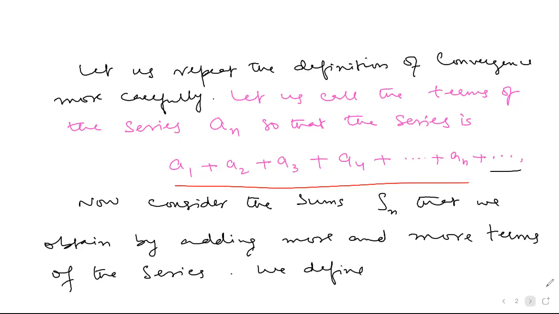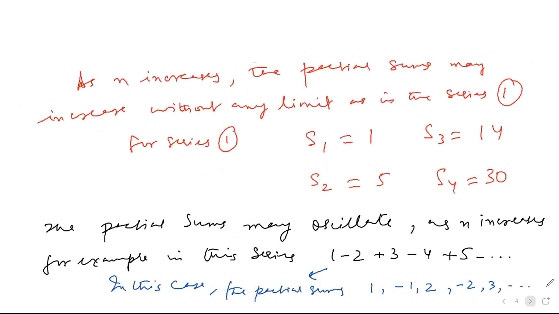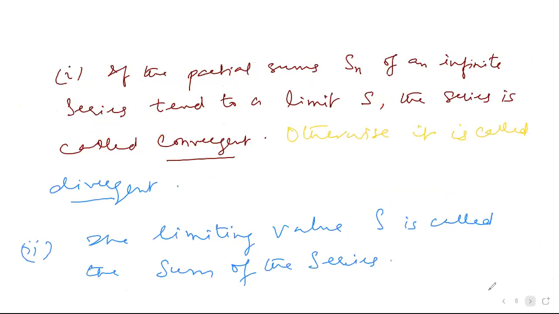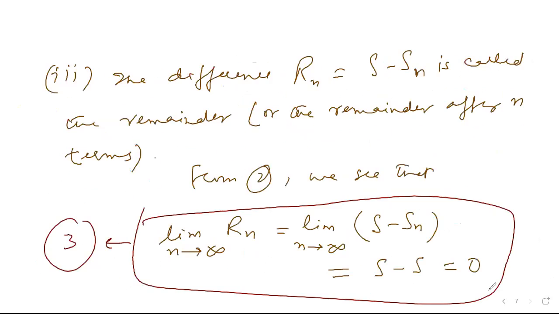We said that if the partial sums tend to a limit, then the series is convergent, and if not, then it is divergent. We defined the remainder of the series as the difference S minus Sn, and established that limit n tending to infinity Rn is 0.